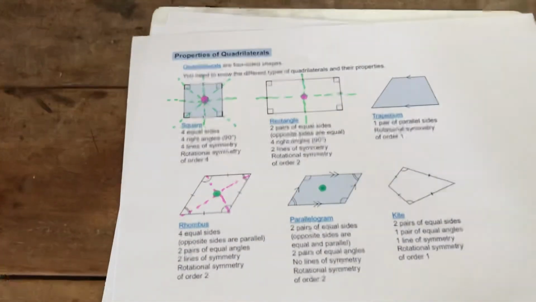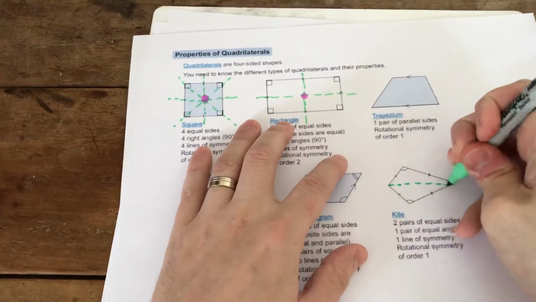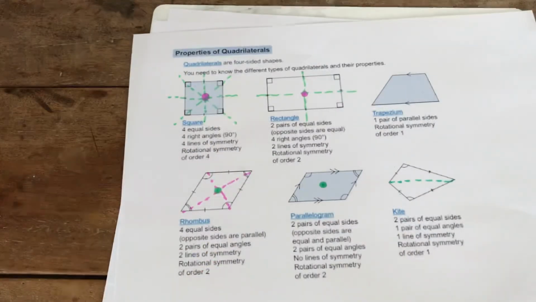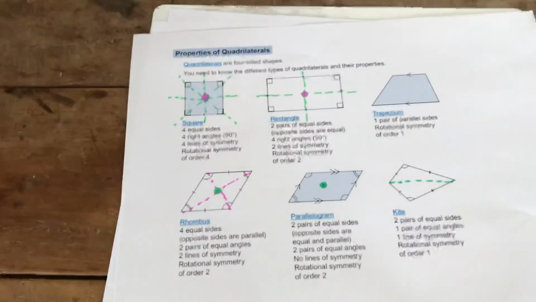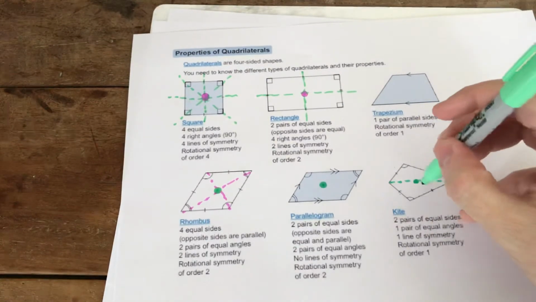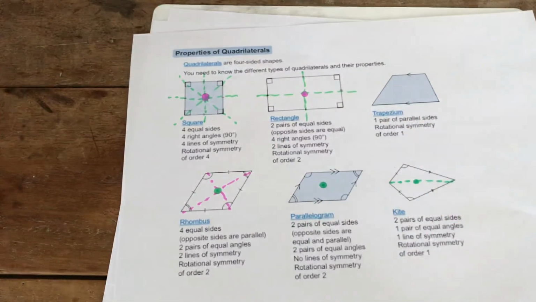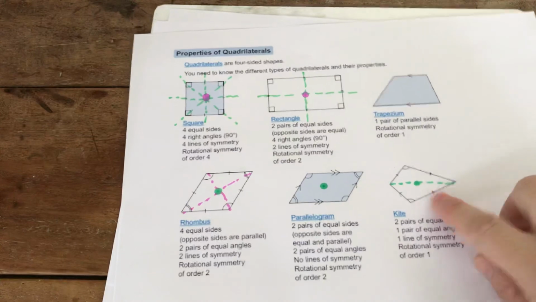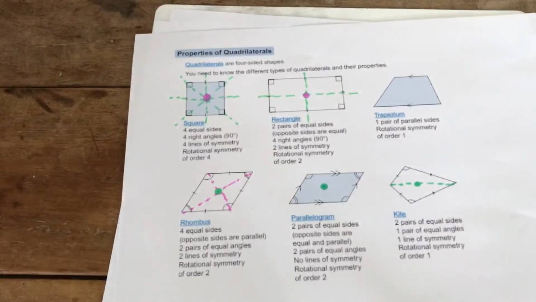It has 1 line of symmetry which goes straight down the middle and divides it into 2 triangles, and it also has a rotational order of symmetry of 1, because if I put my pen in the middle and I turned it, it wouldn't fit in until it went back into itself after a full turn. Again, a kite can look like an arrowhead, and it can look in different ways than what this diagram here typically looks like.